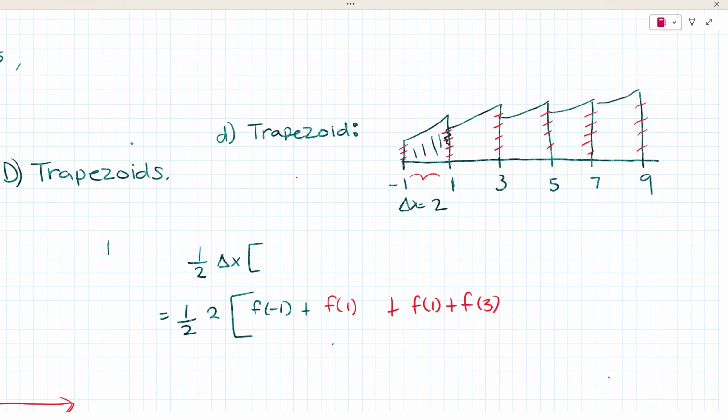And then it's going to be plus f of 3 and then f of 5, plus f of 5 plus f of 7, and then plus f of 7 and f of 9.